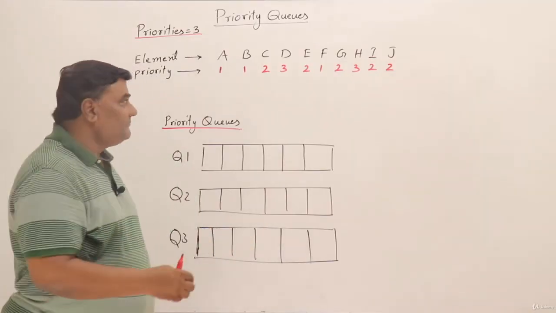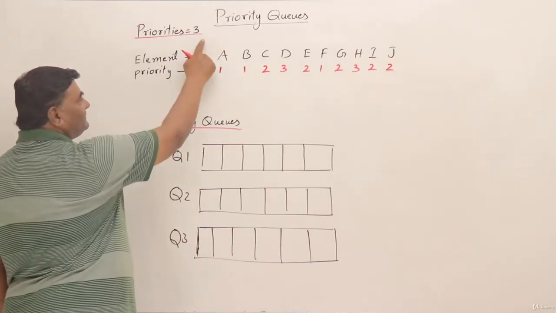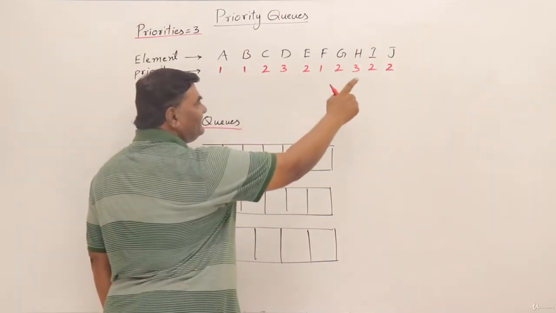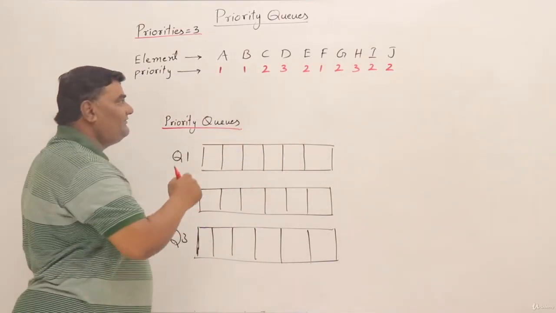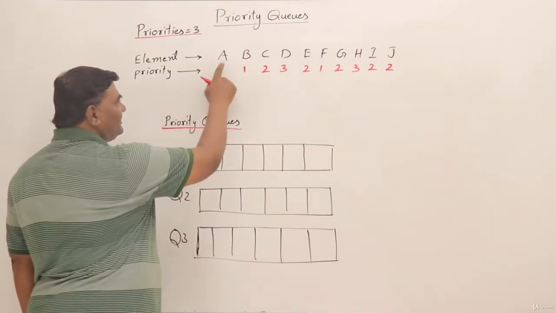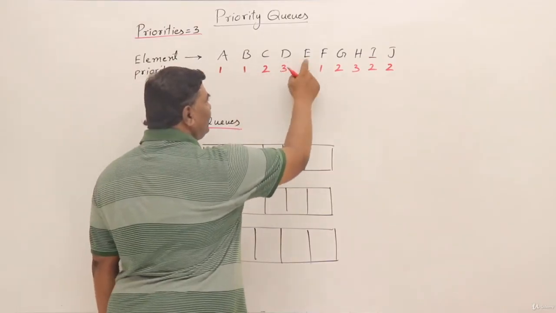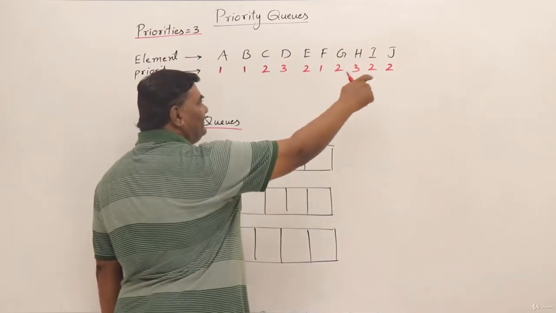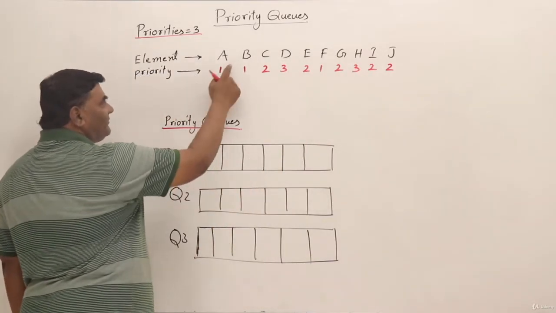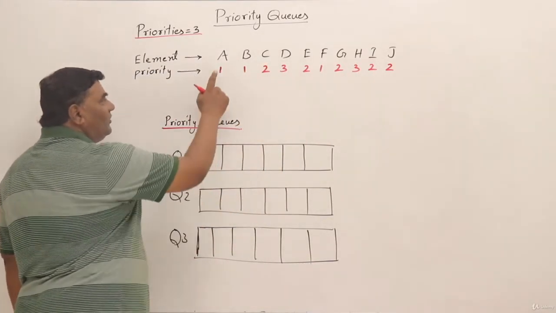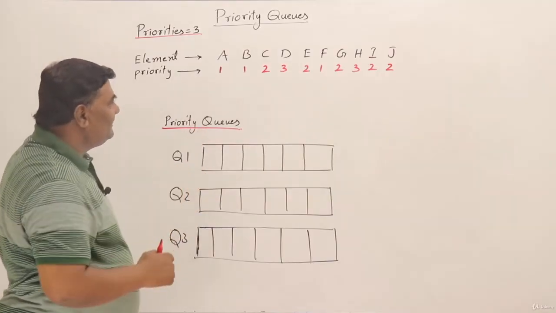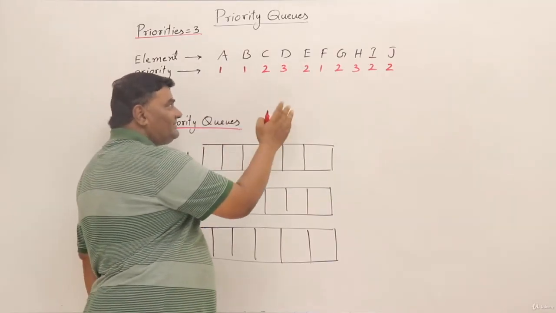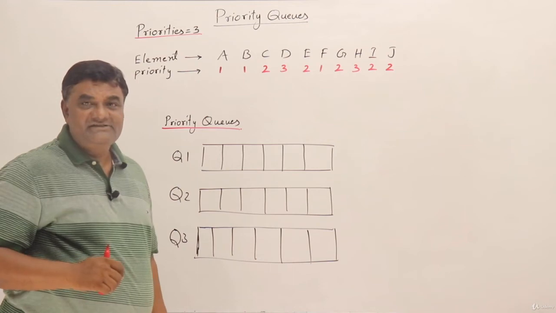Here in my example, I have taken 3 priorities. Now these are the elements. Instead of numbers, I have taken alphabets, and each element is having its own priority. Priorities are numeric values, that's why I have taken elements as alphabets. Now 1 means highest priority, 2 is little less than that, and 3 is least priority.